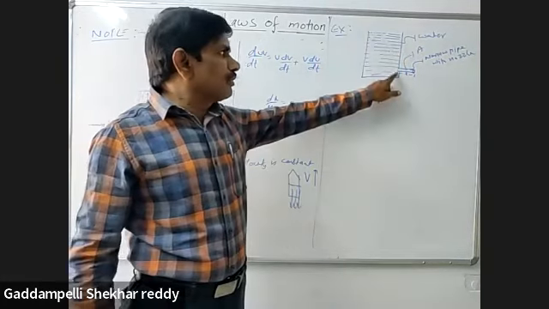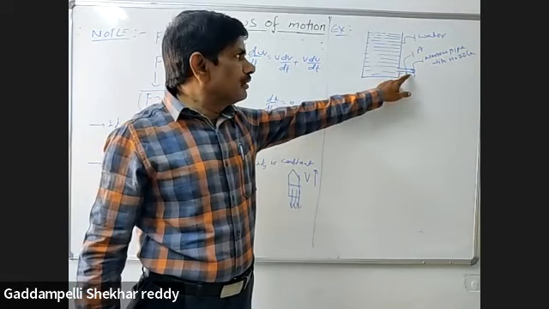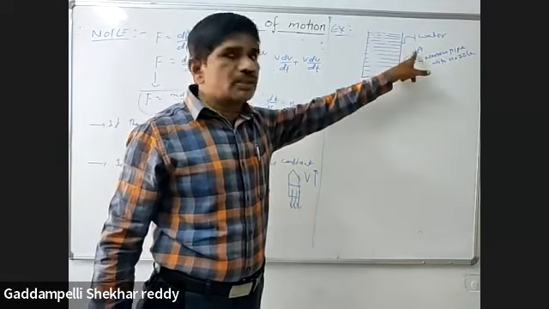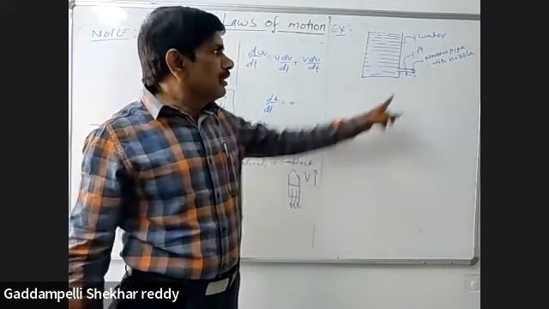Just above the bottom side, a narrow pipe with a nozzle is arranged. The cross-section area of this pipe is uniform, say A, and the length of the pipe is L.